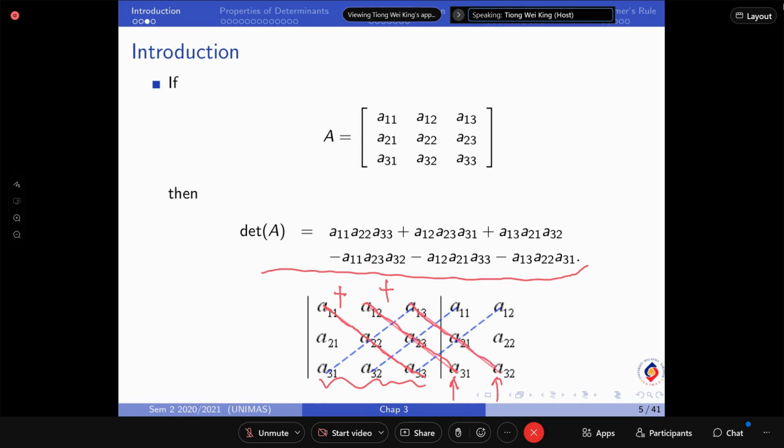The blue color is the same multiplication, but with a minus: minus this, minus this, minus this product. So you have 2 plus signs and then 3 minus signs. Normally for a 3 by 3 matrix, this method is the easiest one.